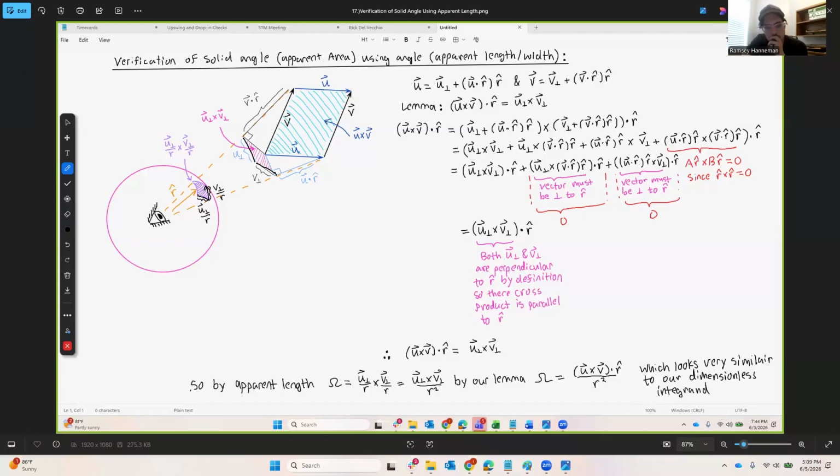Now I have a parallelogram vector right on my unit sphere. And I cross those two things. I'm going to say the solid angle here is equal to U perpendicular divided by R, cross V perpendicular divided by R. That's the apparent length crossed with the apparent width.